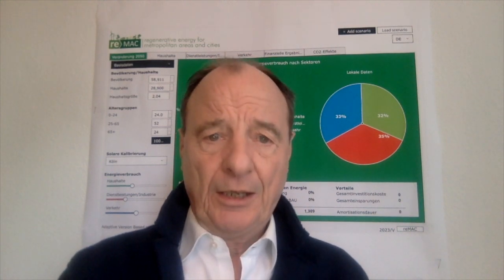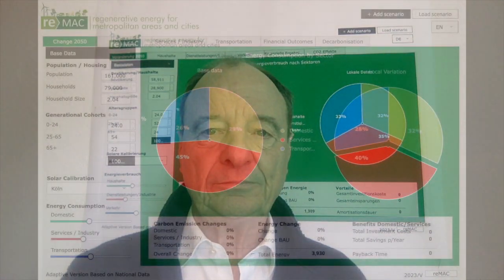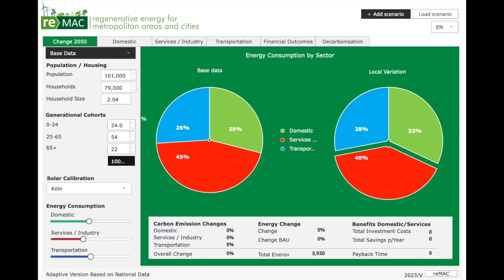In this scenario workshop, the participants first agree on a target horizon. Usually it is the year 2040, because the local climate plans have this target year. In a workshop, possible measures in the various energy consumption sectors are discussed.